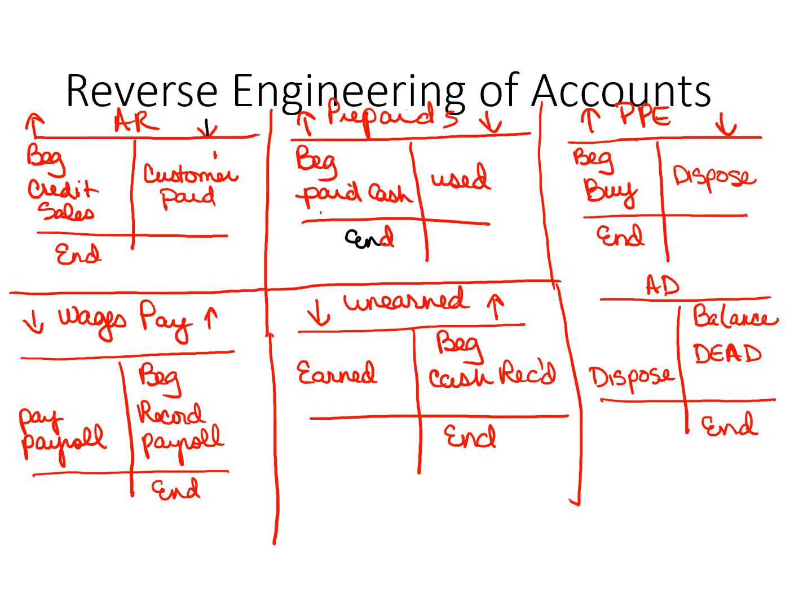The other thing we learned is once we know how to do journal entries and post them to the ledger or to the T accounts, we can play CSI accounting, where if we know a beginning and ending balance or a series of things about a particular account, we can figure out what's missing.